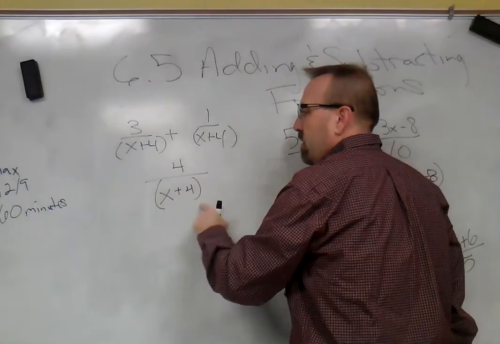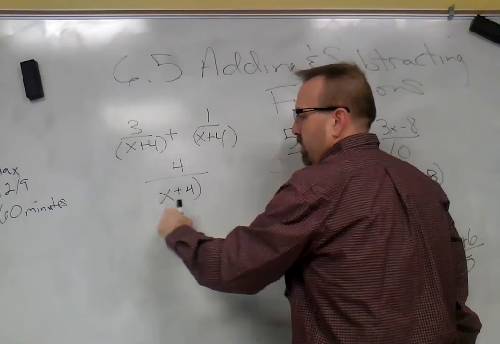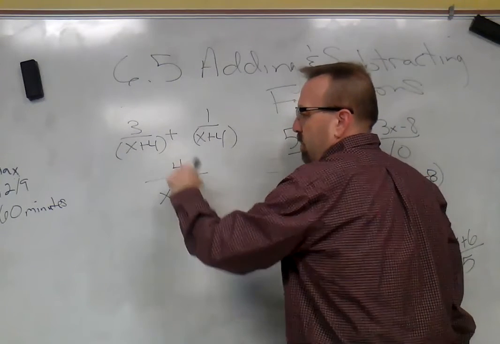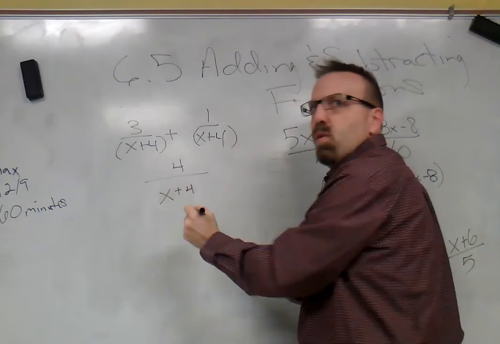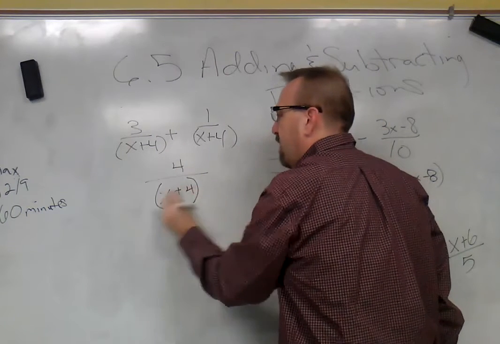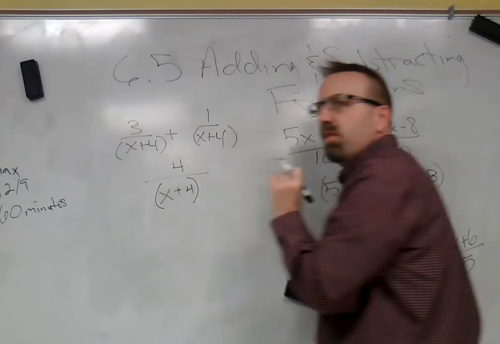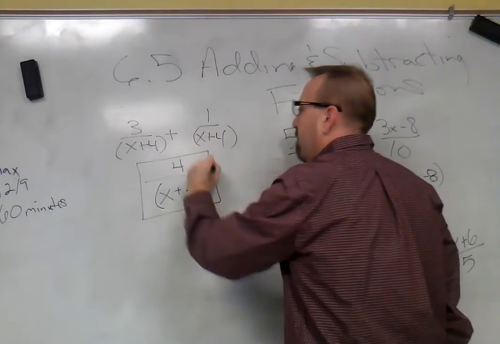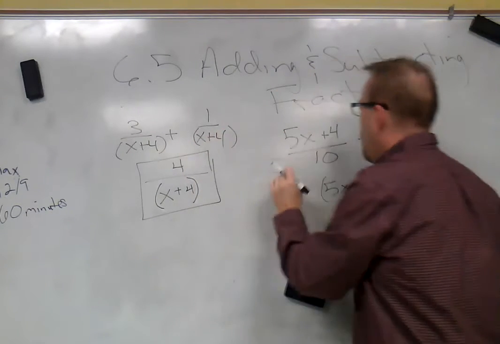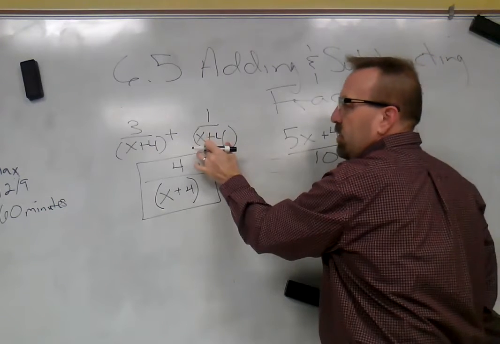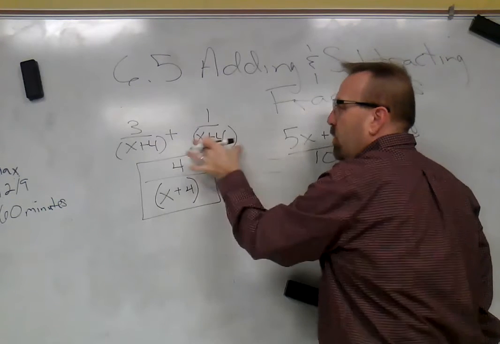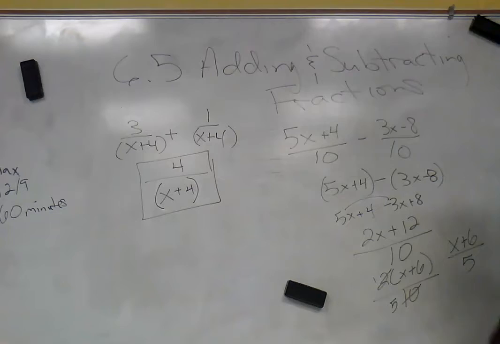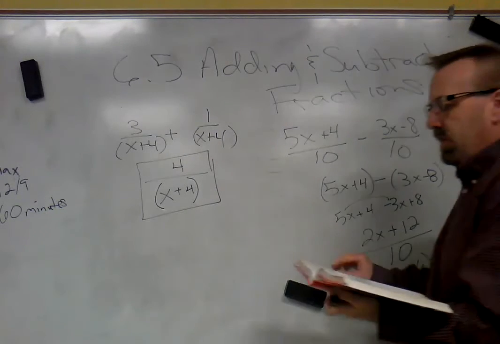Part of why I put it in parentheses, when we don't have parentheses, people want to immediately cancel off those 4. But since that is one factor, is this factor the same as that factor? No. So we stop right there. So again, when you have a factor, especially on the denominator, put it in parentheses so you know it is one factor, so it's not two separate terms.